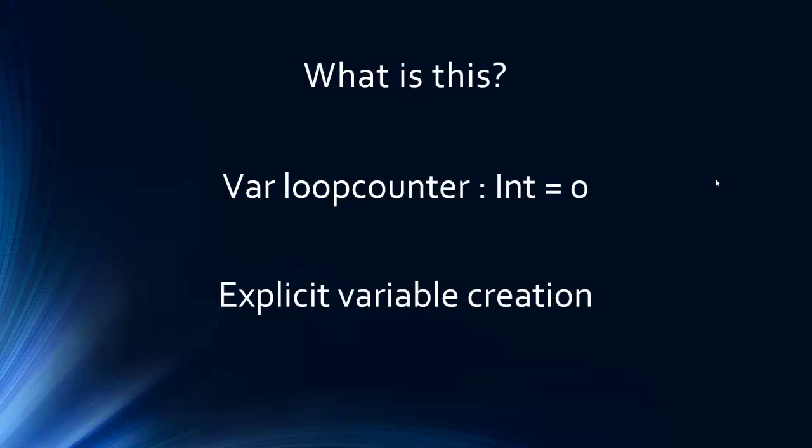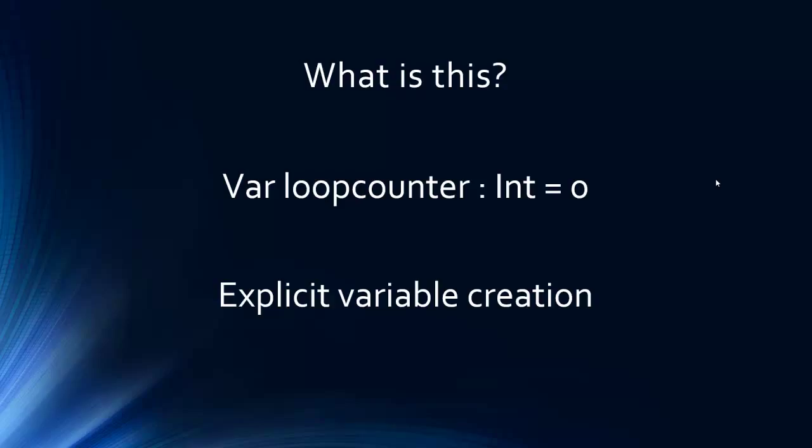Now, there are 2 schools of thought on this. Some people say you should be very specific in your coding, and you should explicitly declare any variables that you create. Other people say, hey, if it's going to work fine, and there's really not a chance of that being changed, why add extra coding to it?